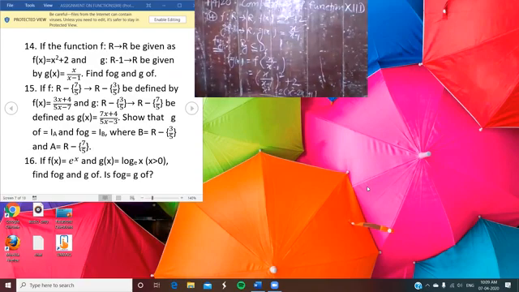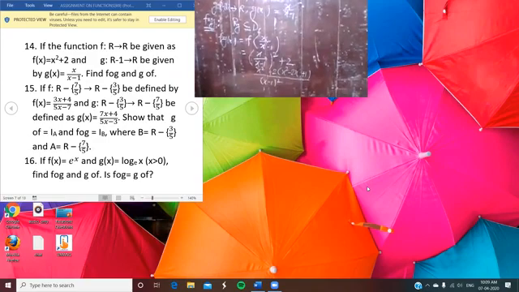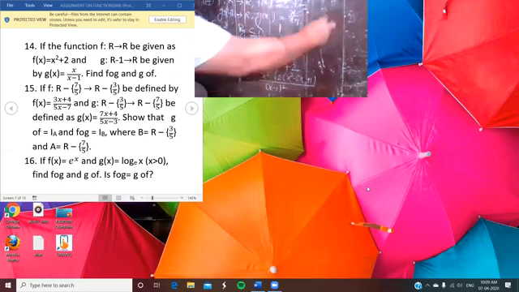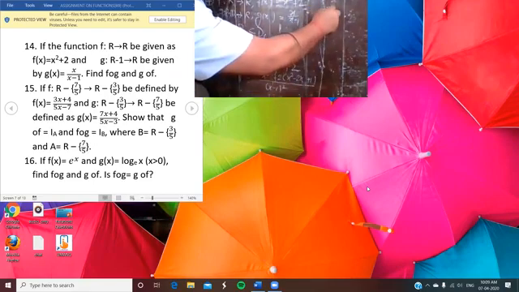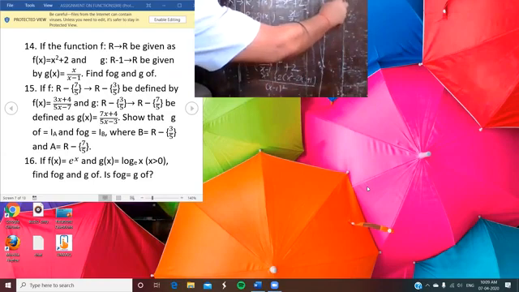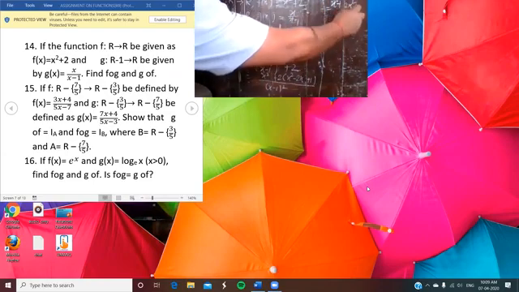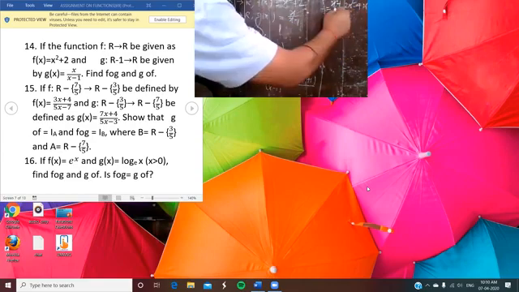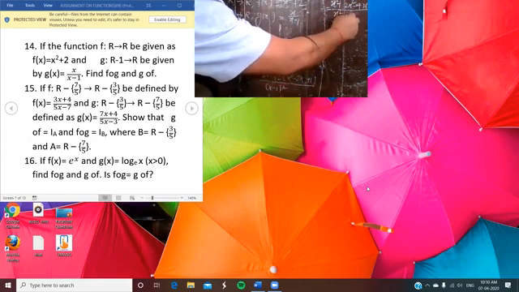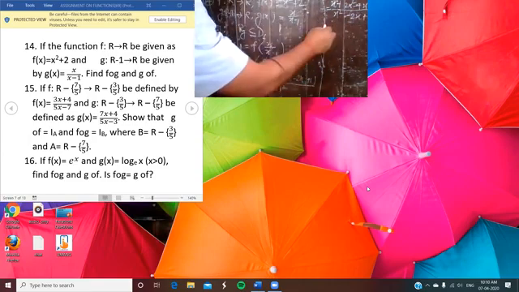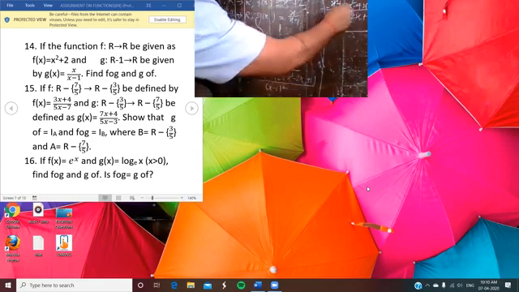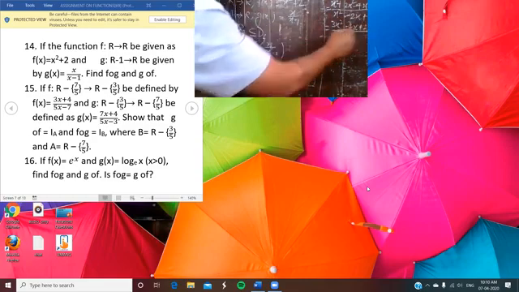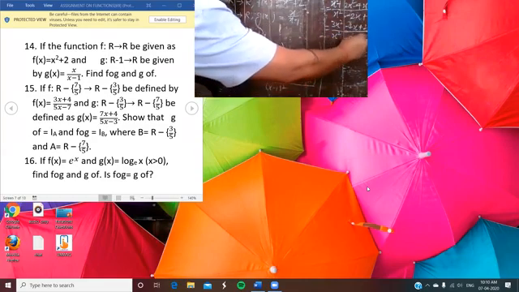Simplifying again, that is equal to (x square plus 2x square minus 4x plus 2) divided by (x square minus 2x plus 1), which is equal to (3x square minus 4x plus 2) divided by (x square minus 2x plus 1).